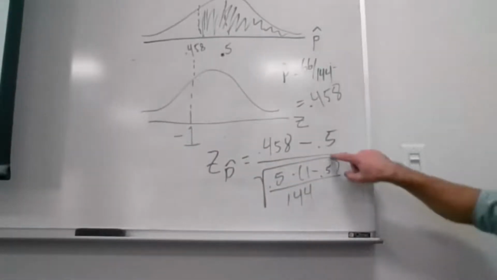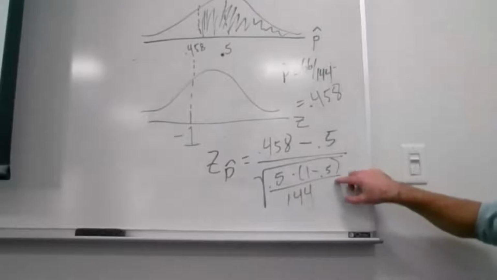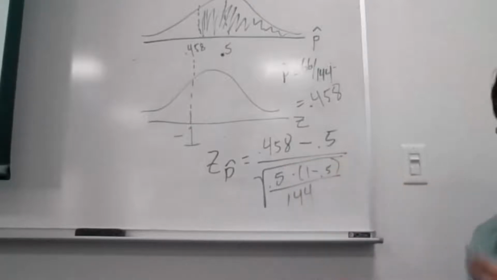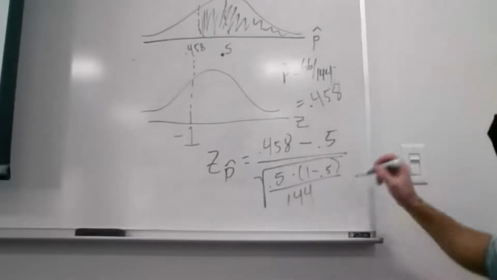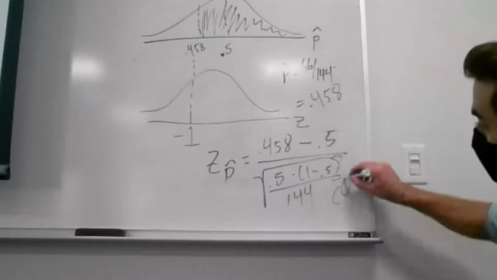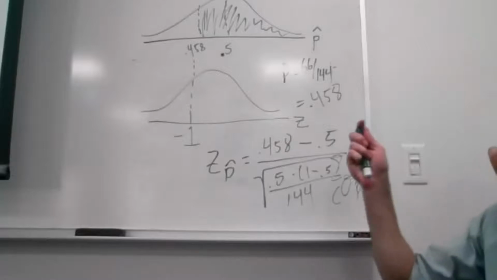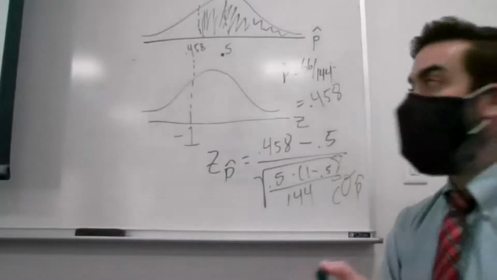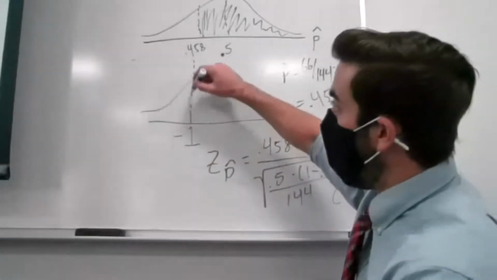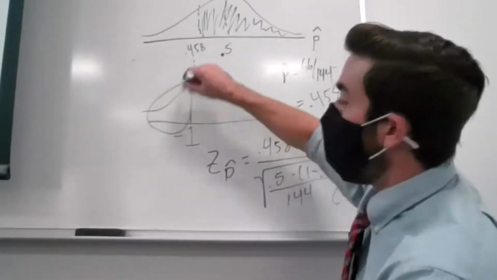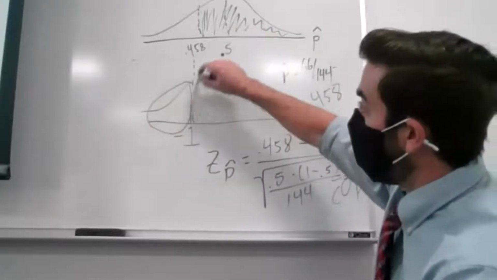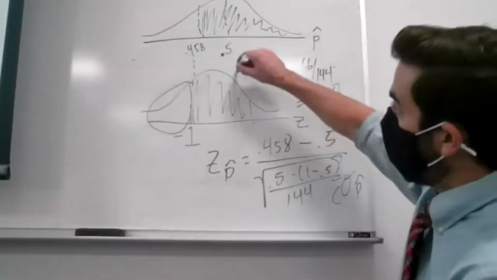Now I could have first found this and then plugged it into the denominator. That was the other way we said we could do that, because really what this represented was the standard deviation of my sample proportions. But once I have that z-score of -1, I can look it up in the table. The table will give me the area to the left. I wanted the area to the right.